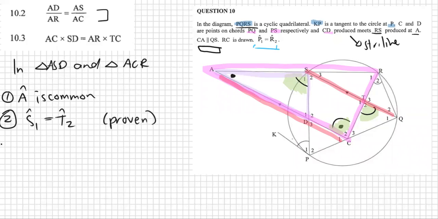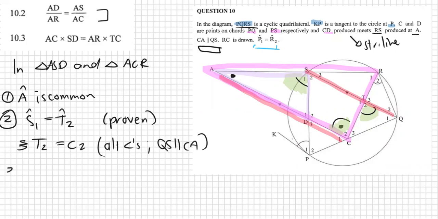And then T2 is equal to C2, which we saw from the alternate angles. Alternate angles, and always name your parallel lines: QS parallel to CA.